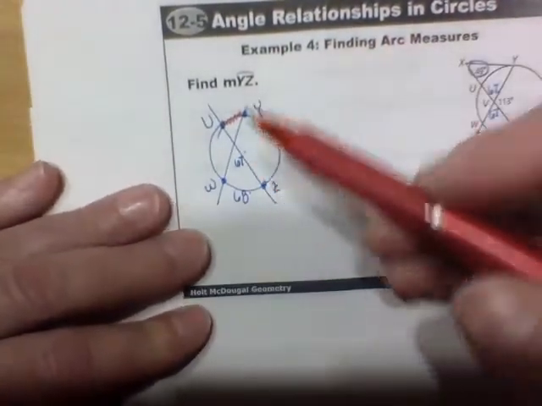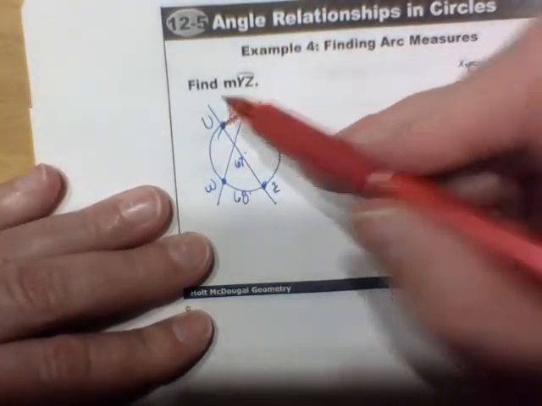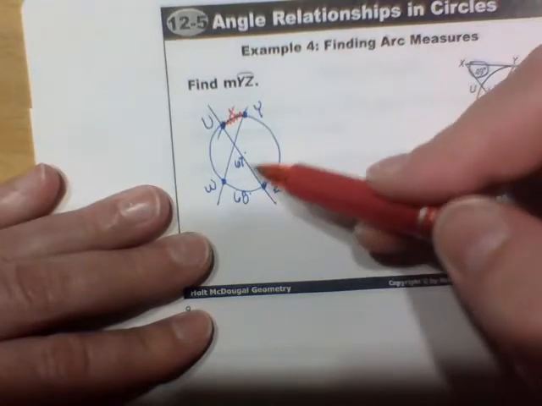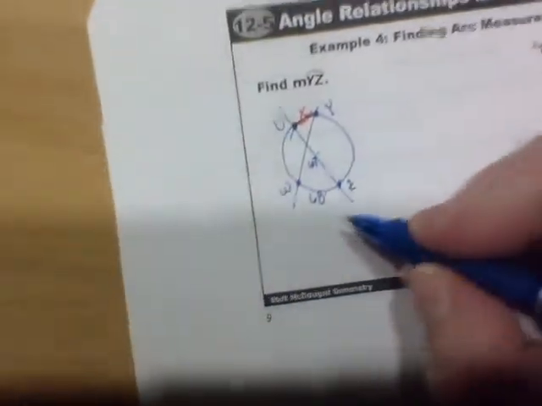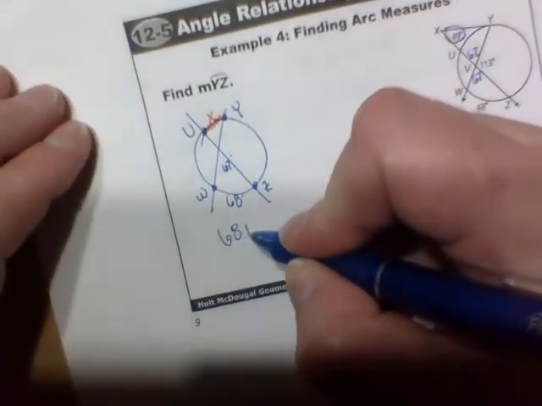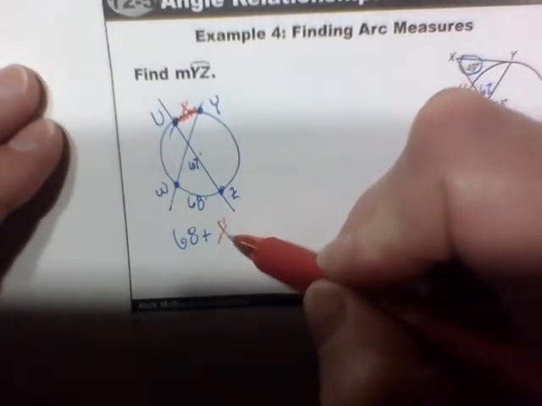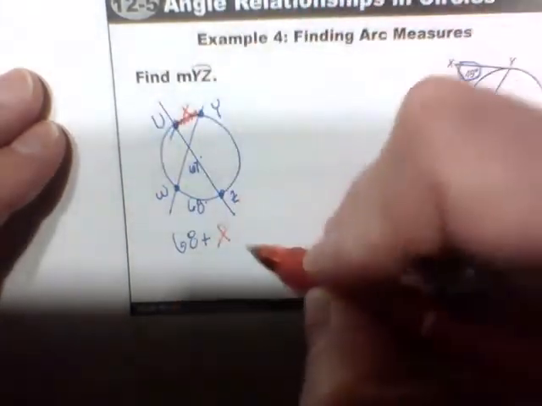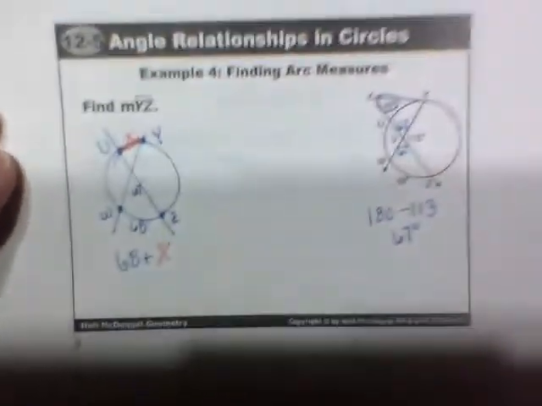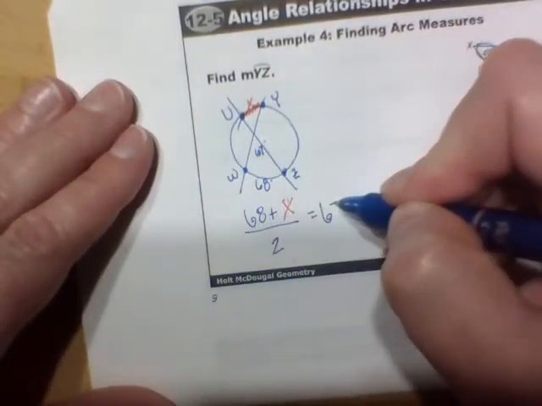So remember that what you would really do is 68 plus X in the Spider-Man theorem divided by 2 makes 67. So the idea is that you would take the two arcs, 68 and X, divide that by 2, and we're going to get 67.